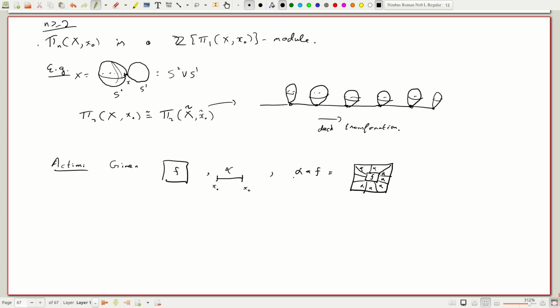If you have alpha and beta star alpha acting, that is the same as alpha acting and then beta acting. That is, you do have a group action and all the properties are nice. It's quite easy to see. So what I want to point out here is that you do have the non-abelian structure, not internally. In the fundamental group, you have it internally by the conjugation, but instead externally, you have a group ring structure with a non-abelian group acting on this abelian group.